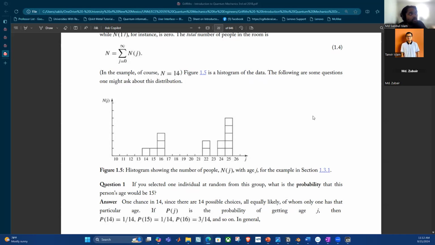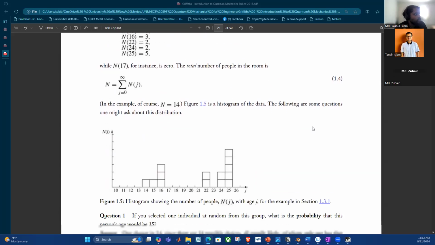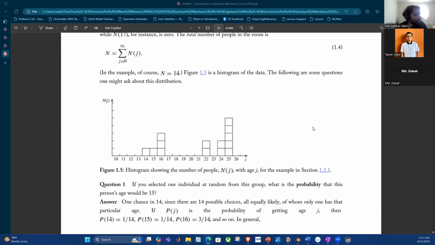What could be the probability that the person is 15 years old? The way we usually do that: in the probability formula, the numerator is the possible choices and the denominator is the total choices.